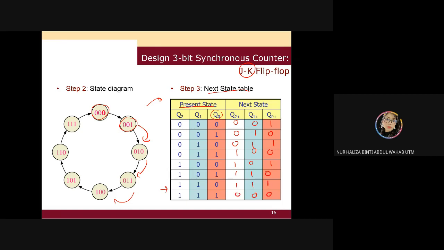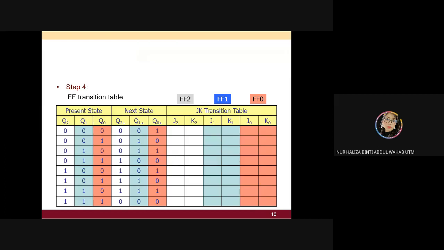Just fill in everything in your next state table. After that, you do step number 4, the transition table. This is where you need to refer to your JK table, and you look at one condition at a time. If it is Q0, you look into Q0.